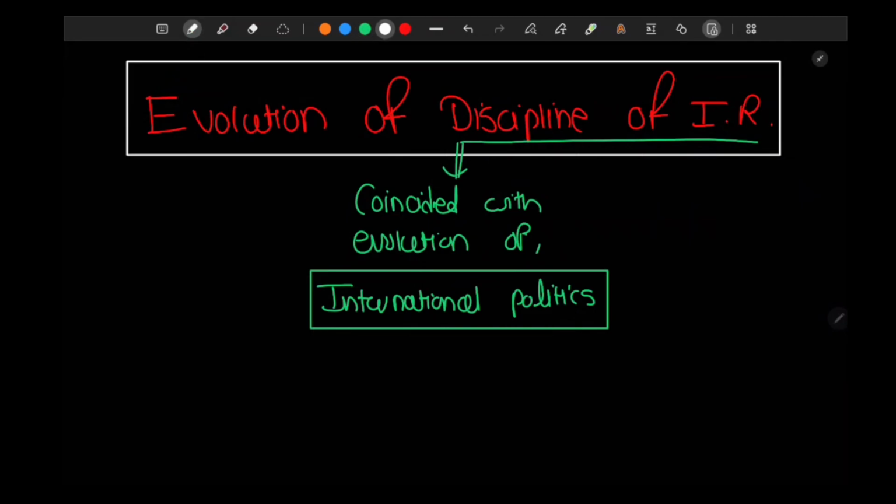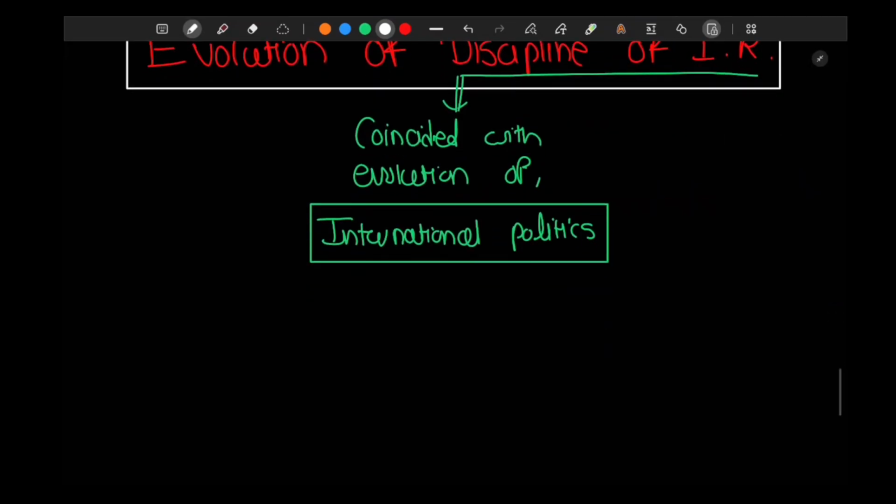Geopolitics is used, international politics is not used very often. What is geopolitics? Of course, we'll understand. But the evolution of the discipline of IR closely coincided with the evolution of international politics. What is international politics? It is again politics among nations.